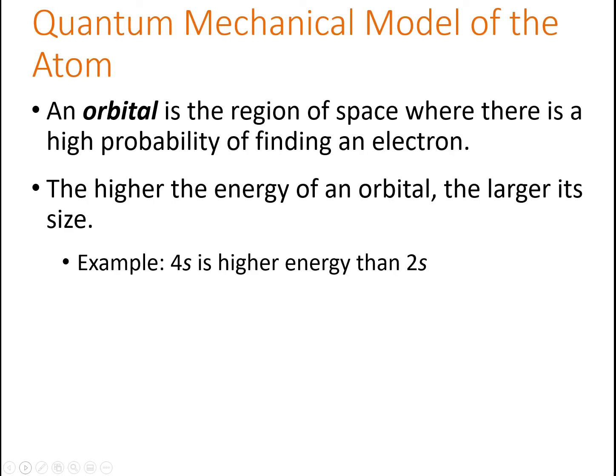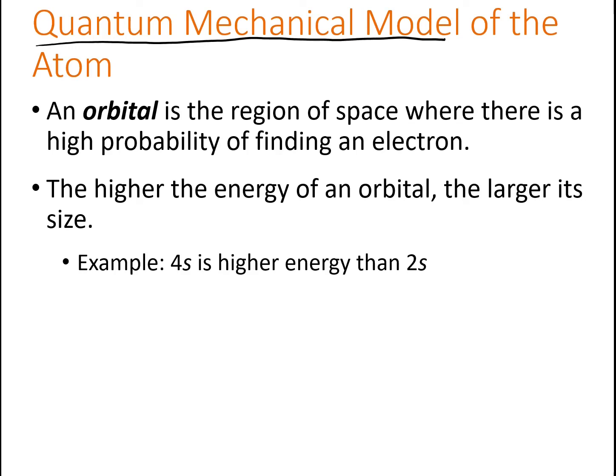Now we're going to bring together the different models of the atom and kind of land on where we are today, which is the quantum mechanical model. We went through the Rutherford model, where we said, okay, there's some kind of a nucleus that has concentration of mass and a lot of space, and in that space there's electrons.